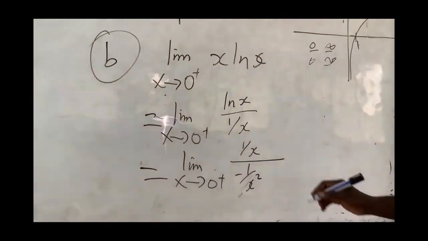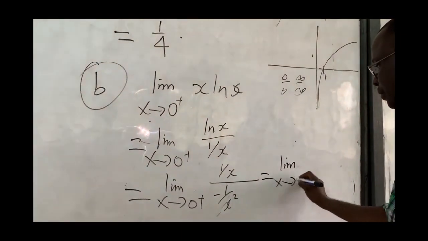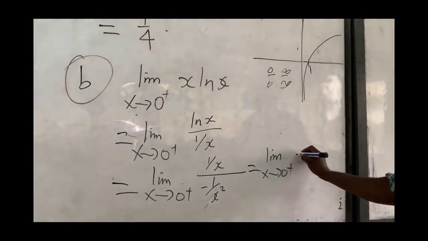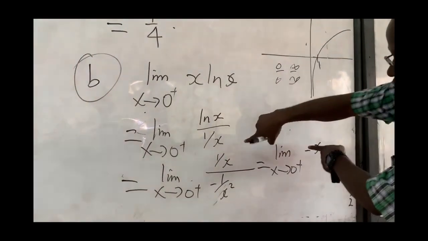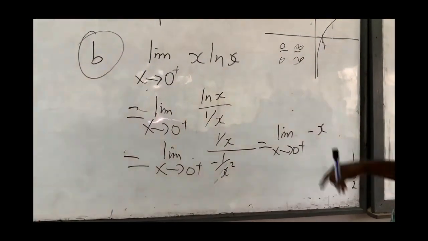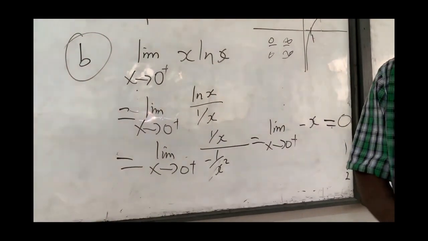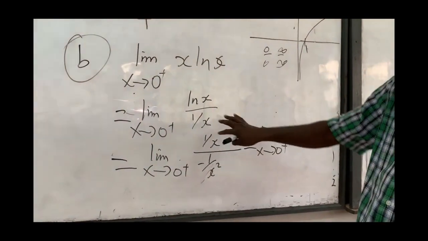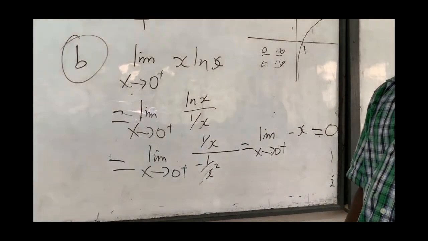We can simplify that. This is the limit as x goes to 0 plus, note that this is just negative x, because I have 1 over x, and then x squared comes up here. The x cancels 1 over x, so I have minus x here. So this is going to 0. So finding the limit of this using L'Hopital's rule, first of all turning it into this form, gives us a limit of 0.